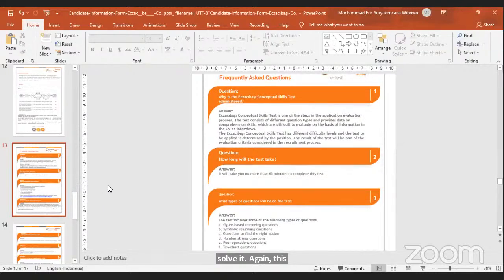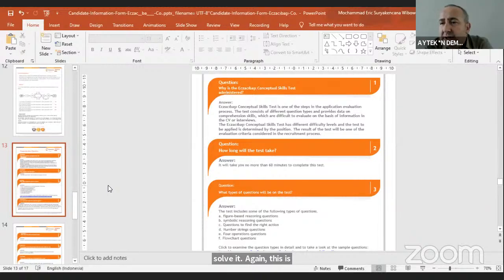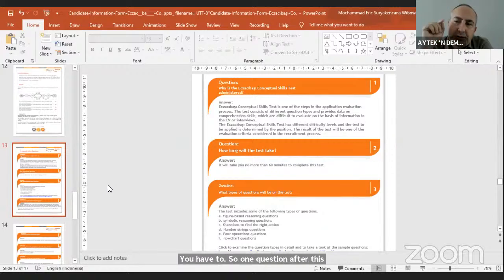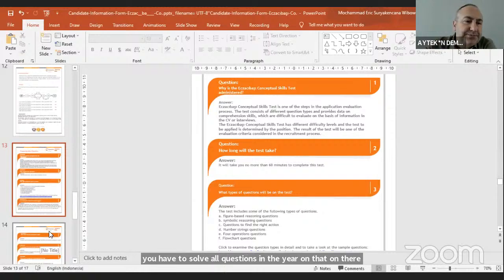You may know or not, I'm not sure, but some English tests are like this. You have to solve one question. After that, if you tick next, you don't have a chance for the previous questions. So you have to solve all questions in their own place.